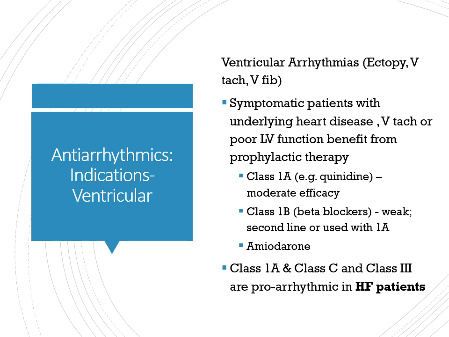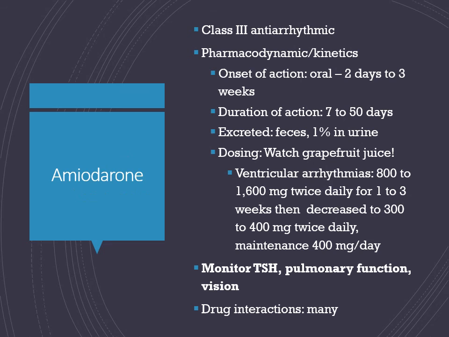And keep in mind that some of these classes, as is shown here, can have a proarrhythmic effect in heart failure patients. So we need to use some caution with heart failure patients. Of course, many of them have this when we're considering use in these arrhythmias.